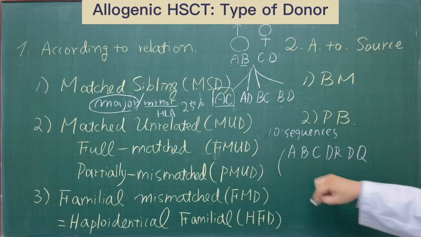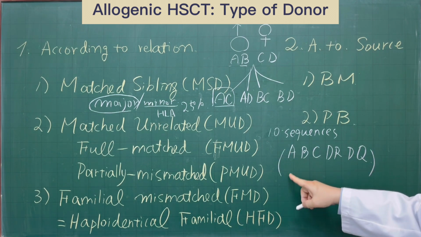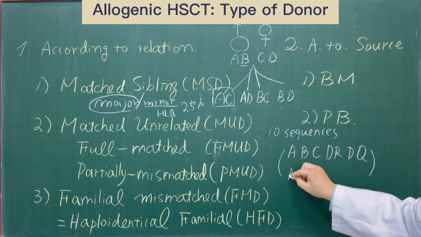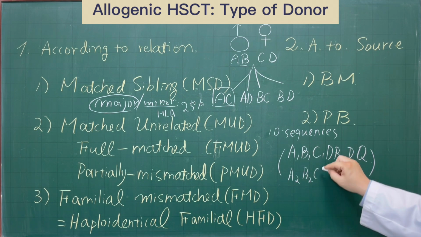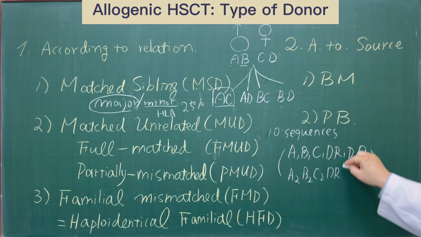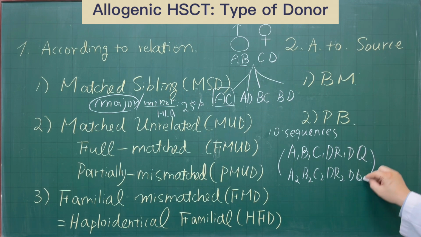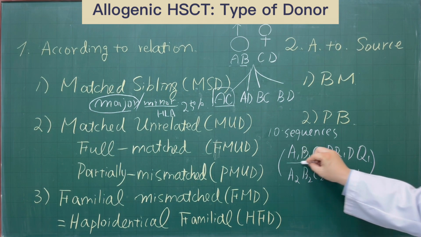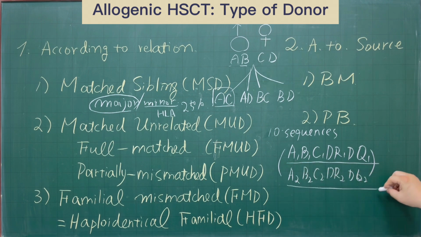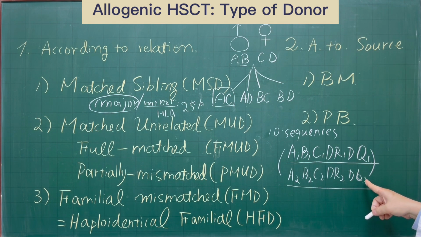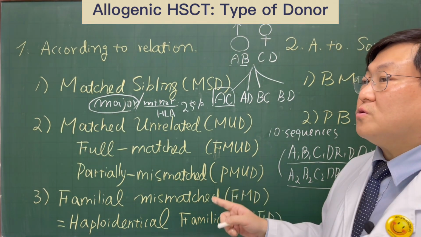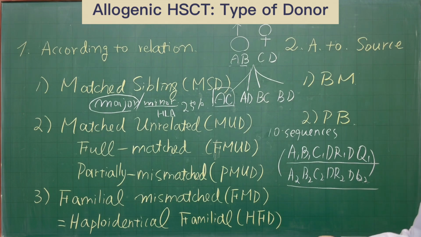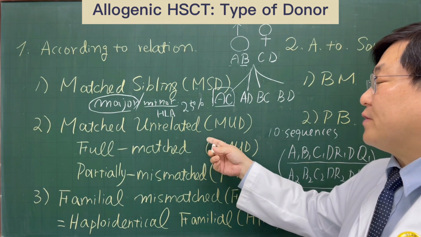And all these antigens move in a pair way. So we have A1, A2, B1, B2, C1, C2, DR1, DR2, and DQ1, DQ2. We need to check all the sequences from the patient, and find the matched unrelated donor from our donor registry.